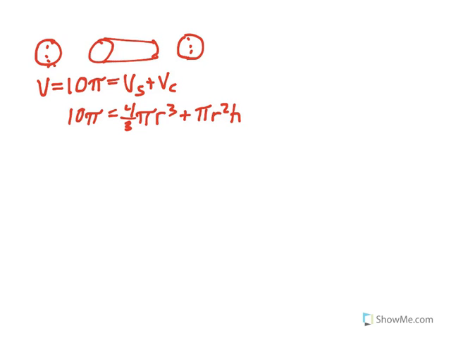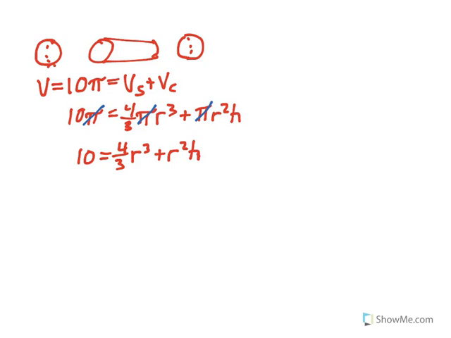And the first thing you can do with this equation is cancel out the pi's. Now, remember, the whole point of having this equation is so that we can substitute it back into the cost equation and eliminate a variable.